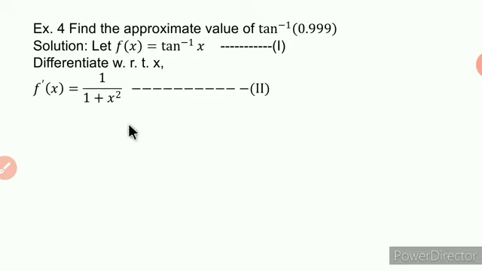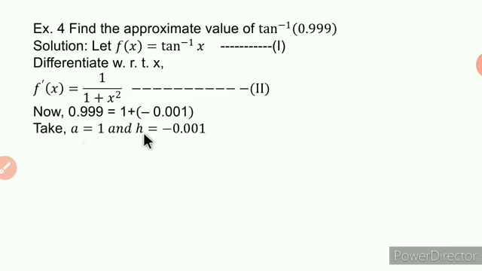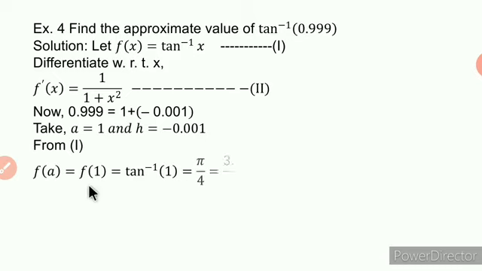Now this 0.999 can be written as 1 minus 0.001. So we rewrite it as 1 plus minus 0.001. So take a as 1 and h as minus 0.001. So from 1, f of a is equal to f of 1, it is tan inverse 1, which is equal to pi by 4.